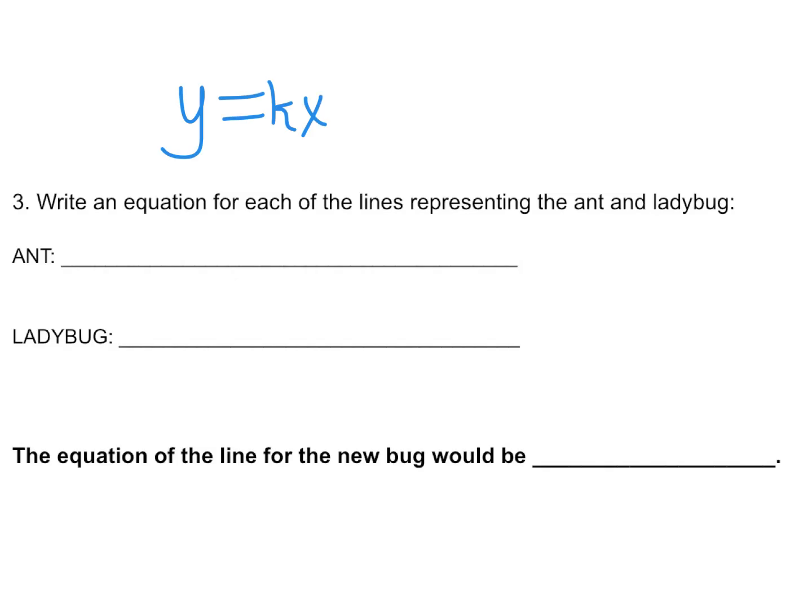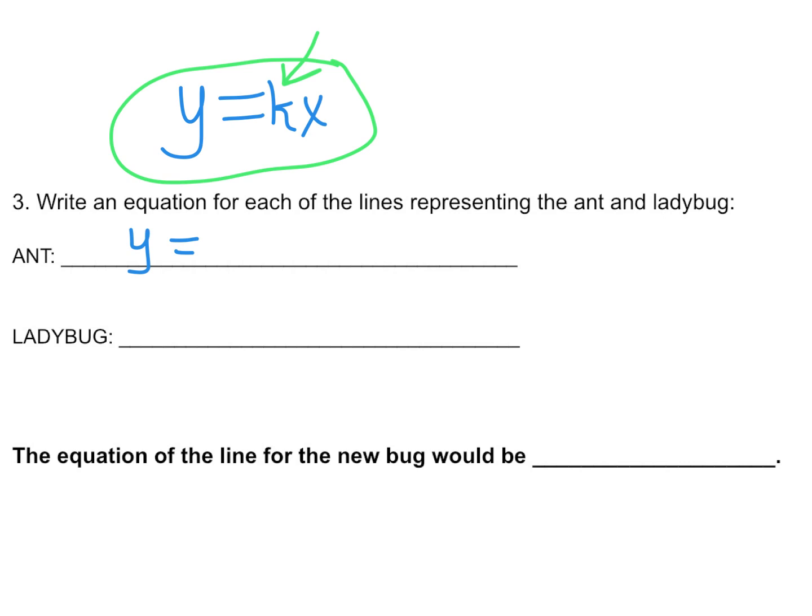Okay, so our last step is to write an equation for these lines representing the ant and the ladybug. So remember, we talked about in 7th grade, our formula for the constant of proportionality, y equals kx. So what we're going to do is fill in their speed, the constant speed that they're going at for each one. So let's take a look at our ant, and my ant was in blue when I look at the graph.